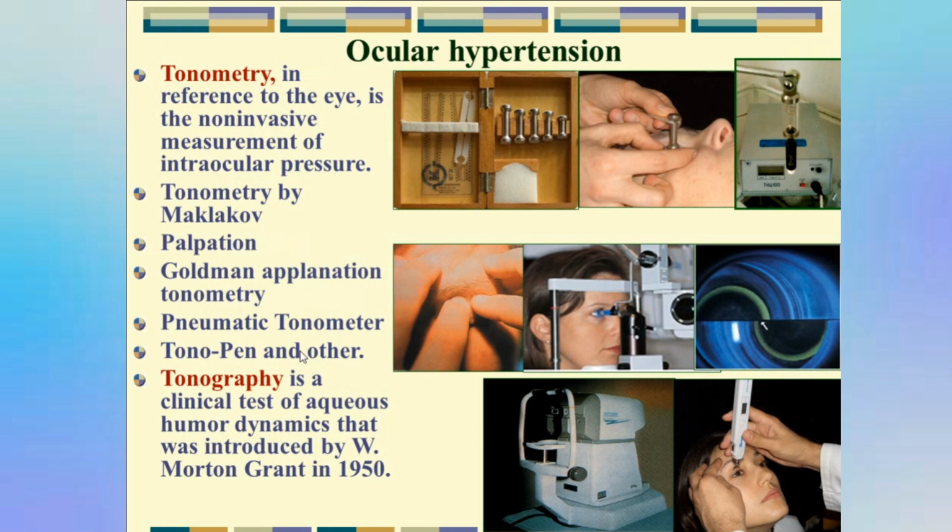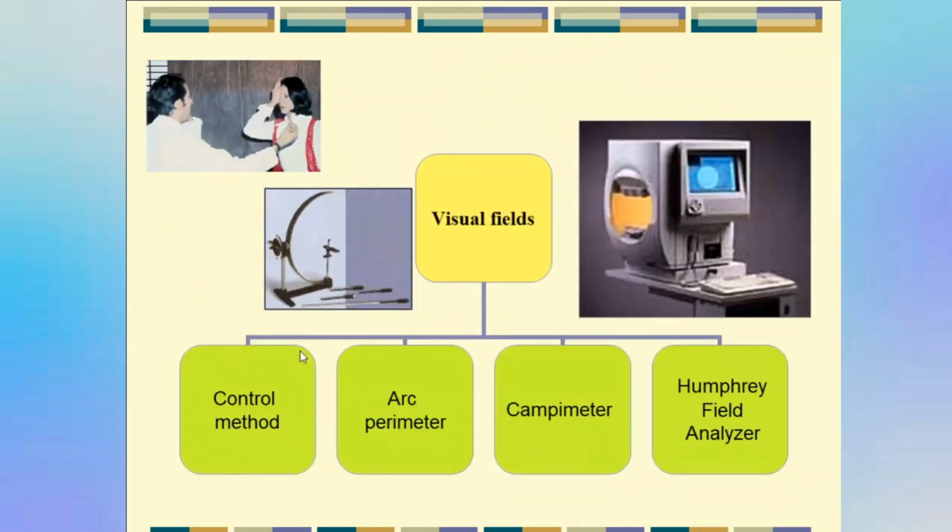If we see high intraocular pressure measured by a pneumatic tonometer, we can measure it by contact tonometers, which usually give us a more correct result.